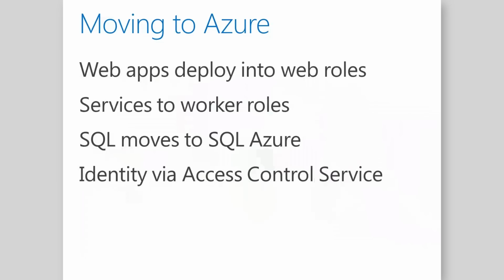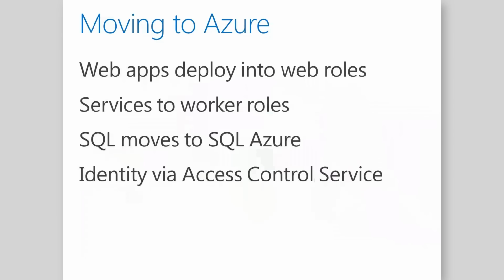Often an application will have a front-end piece, which might be a web app, or it might be a desktop app which is talking to services of some sort. So your web apps basically get deployed pretty much as is directly to what we call web roles in Windows Azure, and we've made that very easy.